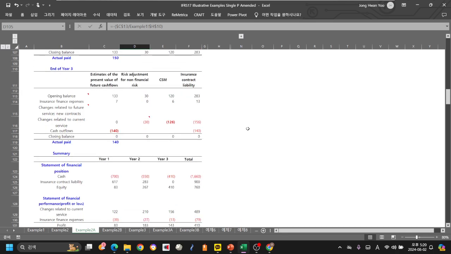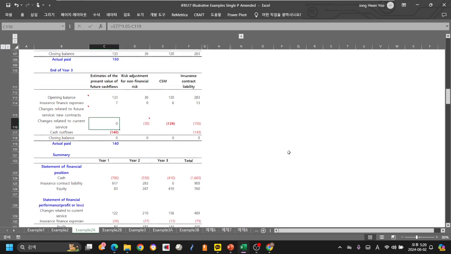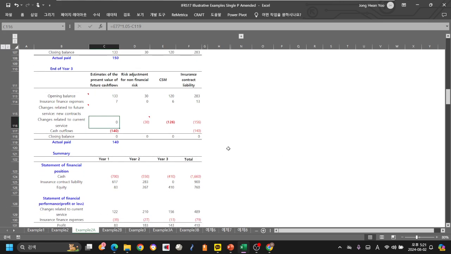And in the third year, actually you assumed 150, but there is 140. But this is the end year, so we don't do it like this. Anyhow, you have to come up with the summation, and it all has to be 0 later on.